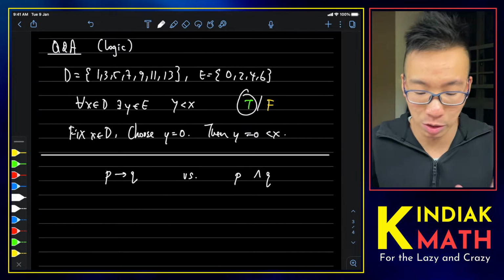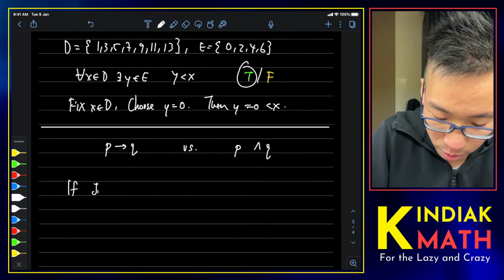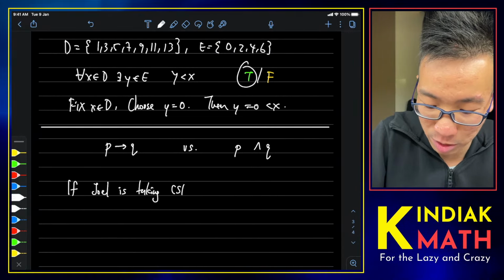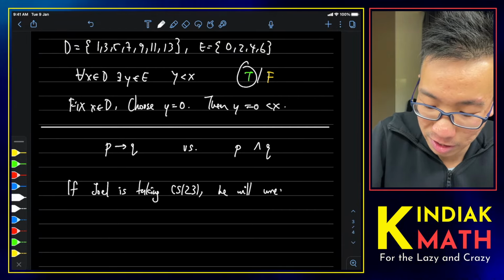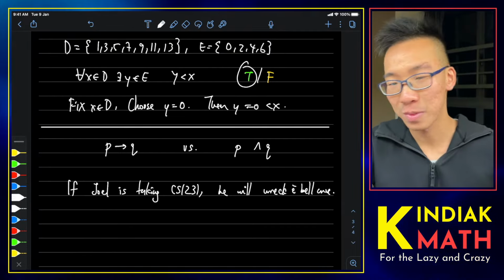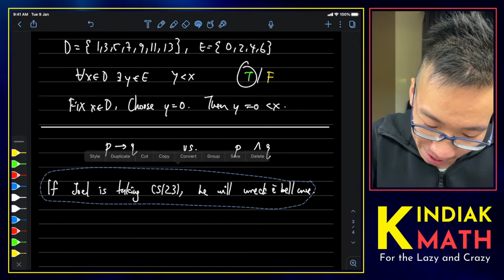We do not care. So let's just say, for example, if Joel is taking CS1231, he will wreck the bell curve. I think that's a debatably true proposition right there.